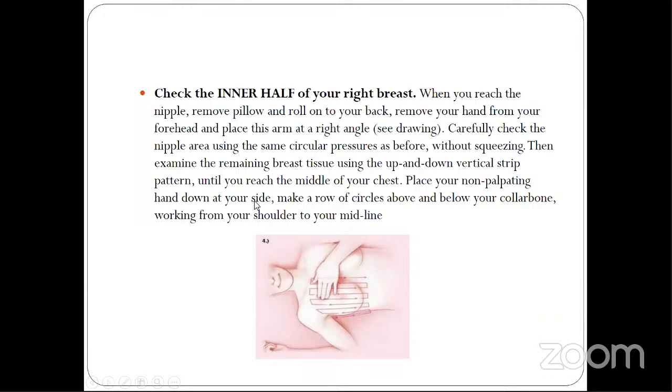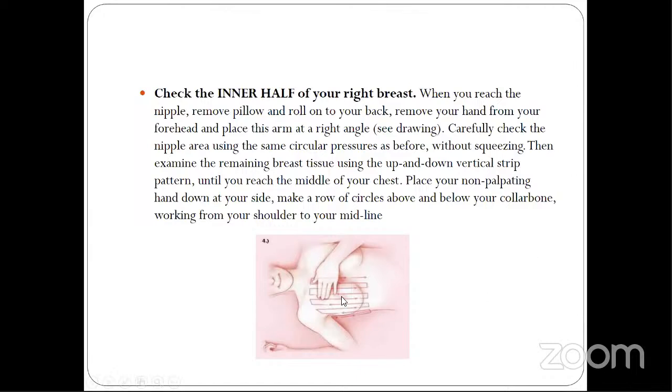Carefully check the nipple with the same circular pressure as before: light, medium, and deep. But don't squeeze the nipple. Then we continue up and down, examining the entire breast until you reach the midline here.